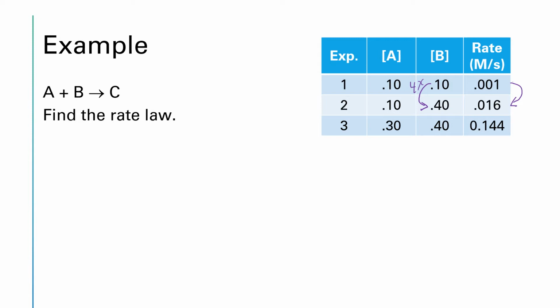So let's look at those two experiments, and what I'm looking for is to take the ratio of the rates and set that equal to the concentration ratios raised to the order that goes with reagent B, which I'll call N.